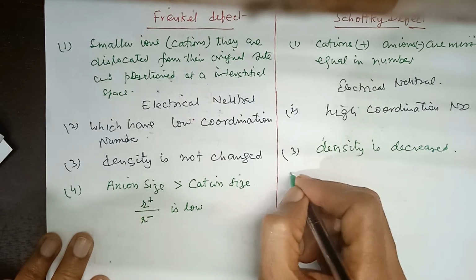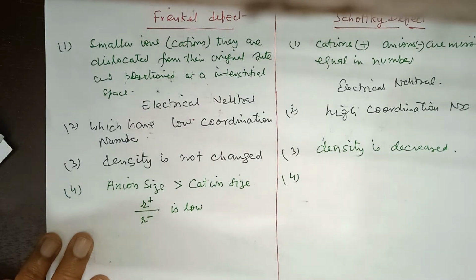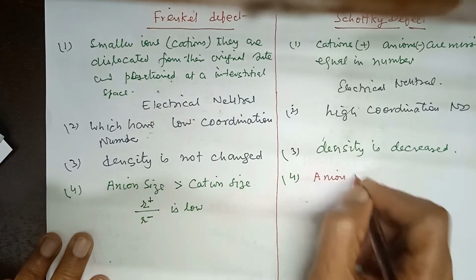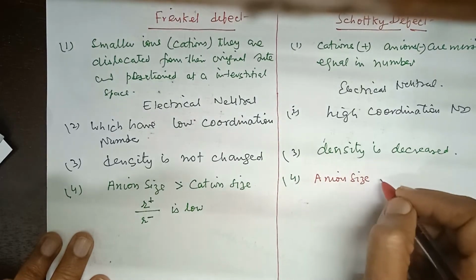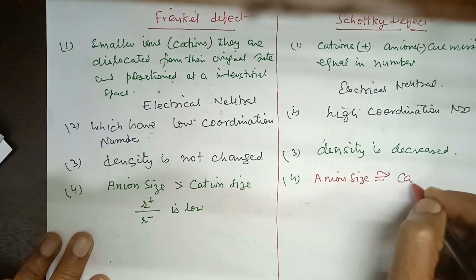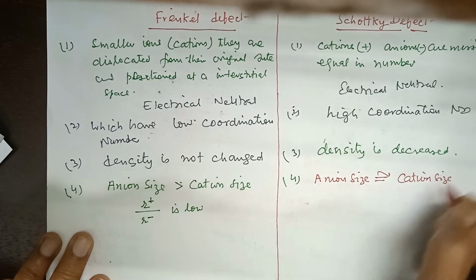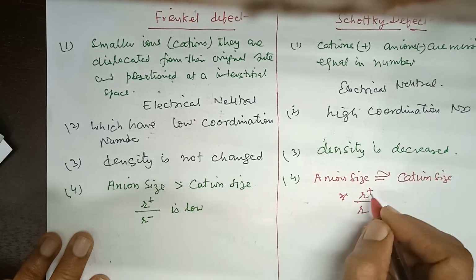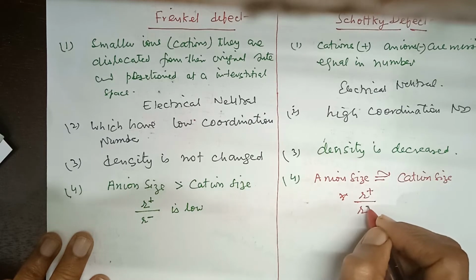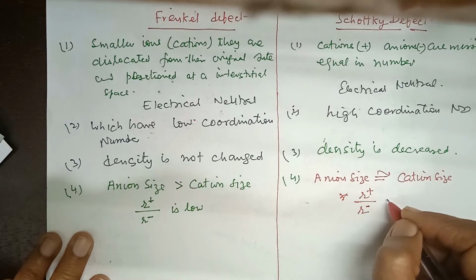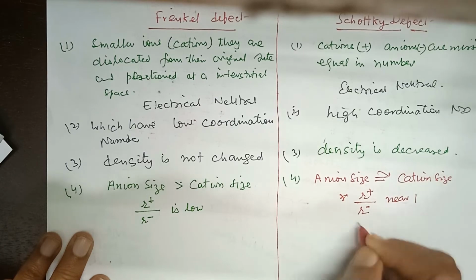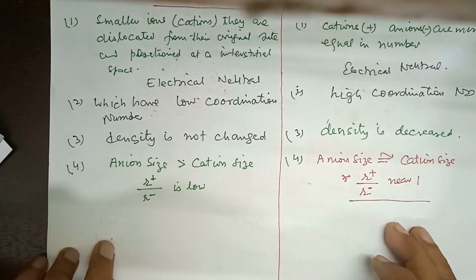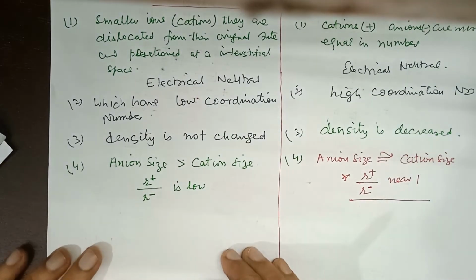In Schottky defect, the cation and anion sizes are nearly equal, meaning r plus, the ratio of radius of cation divided by radius of anion, is near 1. So these types of substances show Schottky defect.